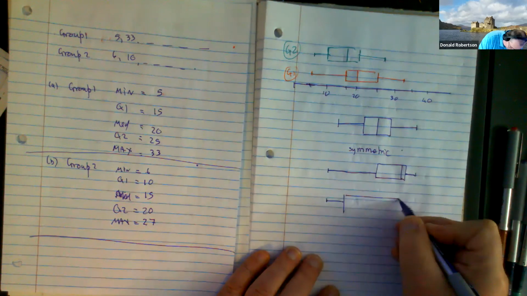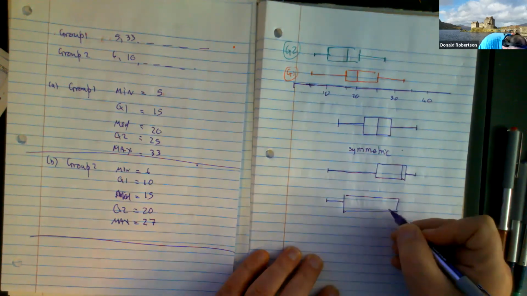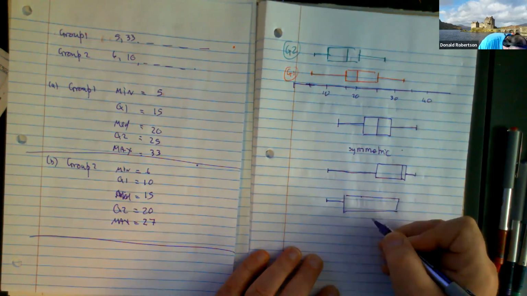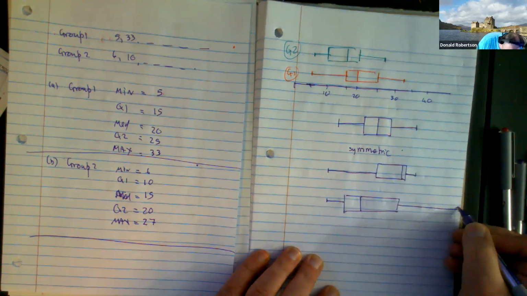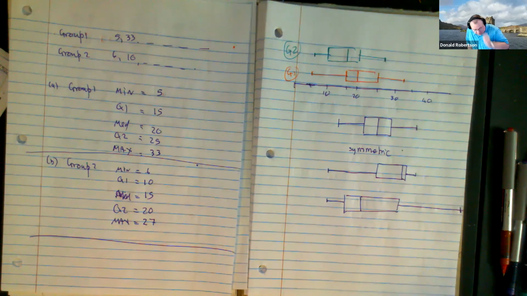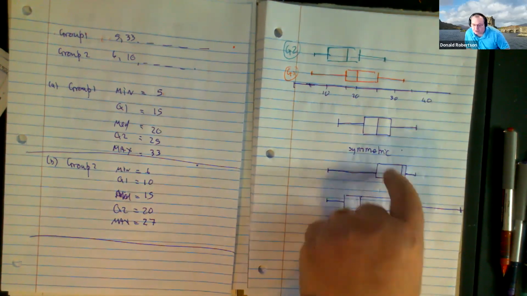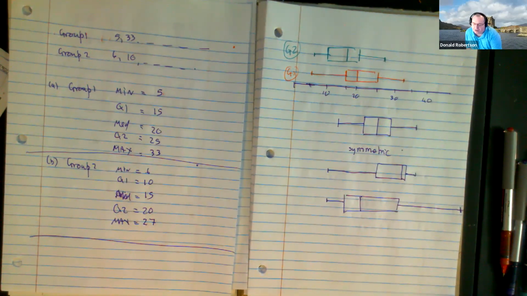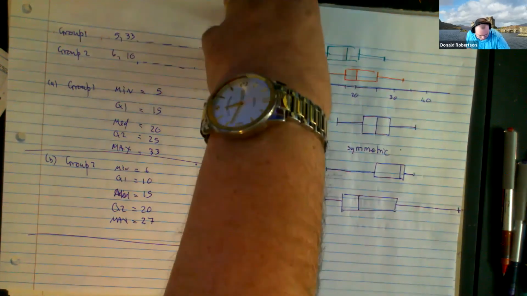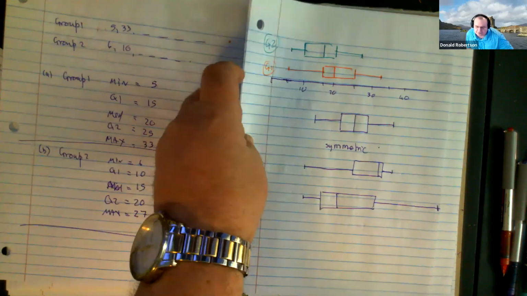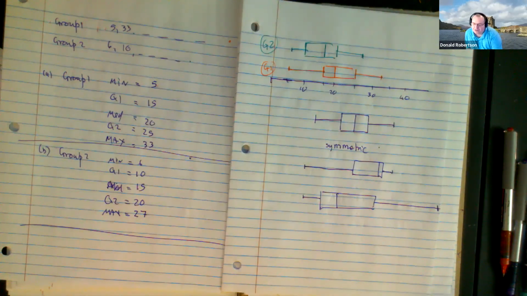And here's the other two shapes. One of these two shapes is skewed to the left and the other one is skewed to the right.